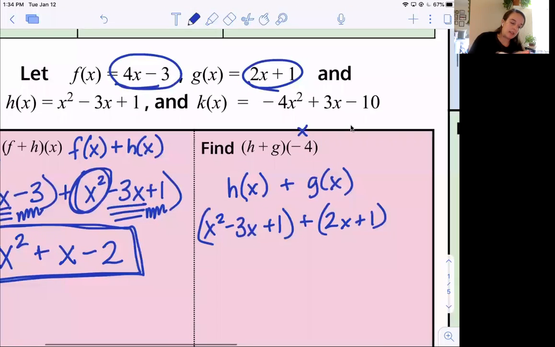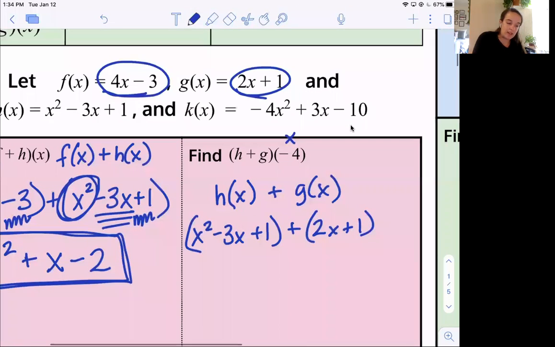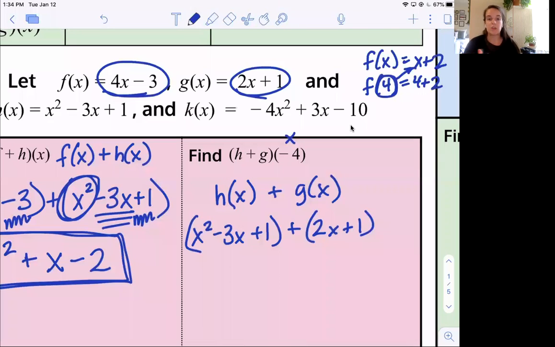You might have remembered, sometime in Algebra 1, you have f of x equals x plus 2, and then they asked you, what's f of 4? What you did is you took the 4 and put it in where x is. So we'd have 4 plus 2, right? So in this case, every time that we see x, we're going to put in -4. Instead of x here, we're plugging in -4. Instead of x here, we're going to plug in -4. Instead of x here, we're going to plug in -4.